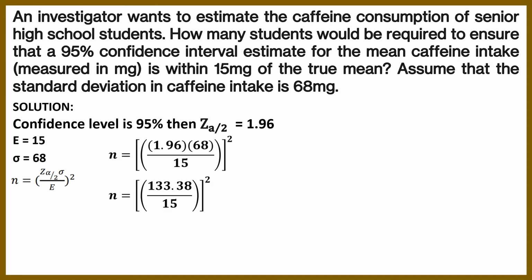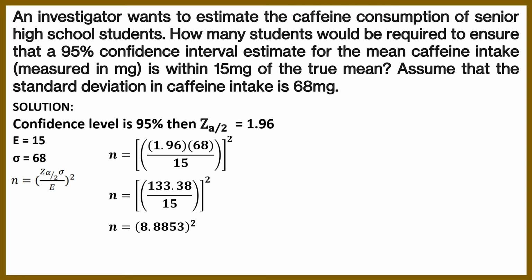Then 1.96 multiplied by 68 is equal to 133.28. Then divide by 15 and then the result must be squared. So 133.28 divided by 15 is equal to 8.8853. Again, 4 decimal places, and then 8.8853 must be squared.